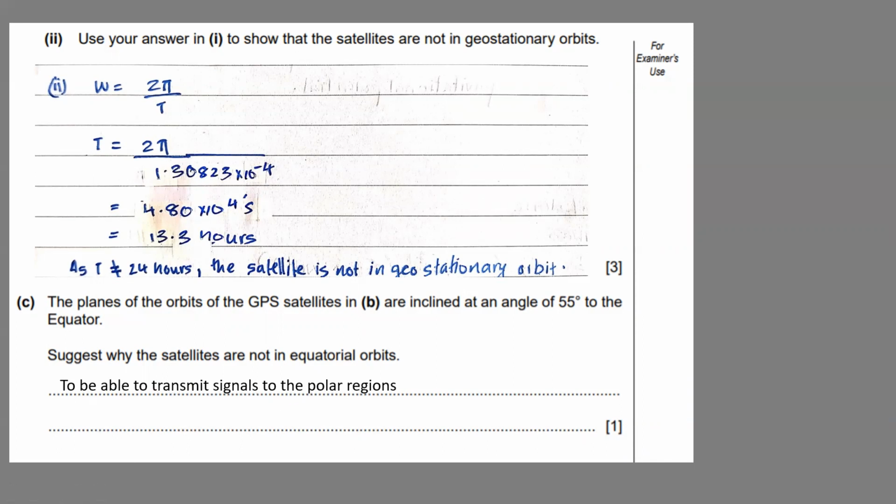One of the disadvantages of geostationary satellites is that due to the equatorial orbits, transmission to the polar regions is weak, and so having it inclined at an angle of 55 degrees will allow you to reach polar regions, and hence to be able to transmit signals to polar regions.